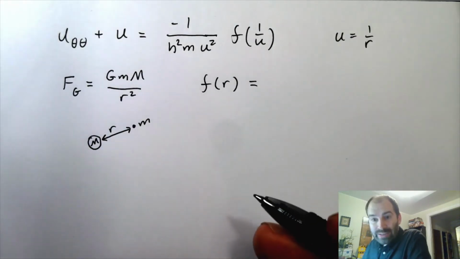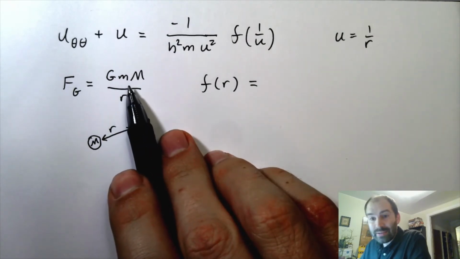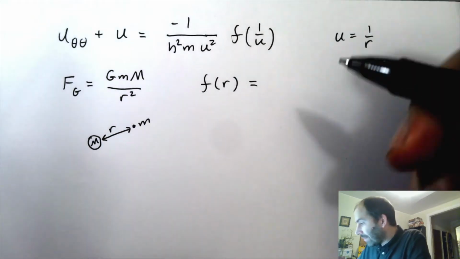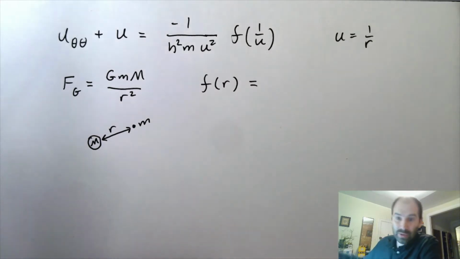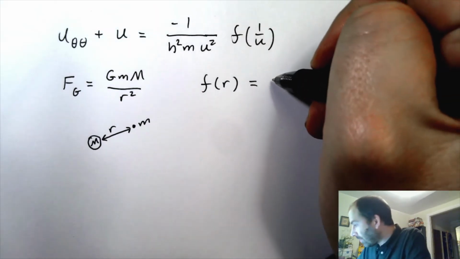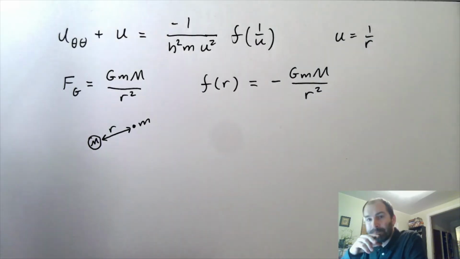If we were asking what the force that the mass experiences is, well, it's this, right? But remember that f of r has to be negative, to make sure our force vector that we defined is pointing towards the origin. So it's actually going to be the negative of that. Okay, so that's what we get.